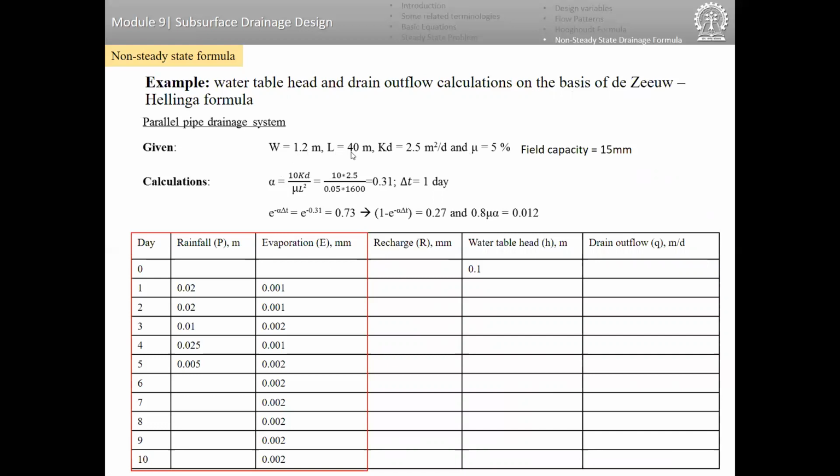The spacing is given as 40 meter. K into D, that is hydraulic conductivity multiplied by equivalent depth, is given as 2.5 meters square per day. Mu is given as 5%, that is the drainable pore space in terms of percentage. Field capacity is given as 15 mm. So this is the data set that is given to us.